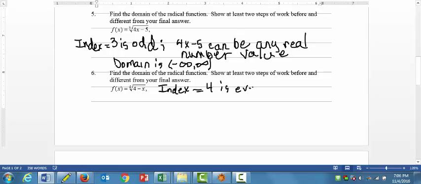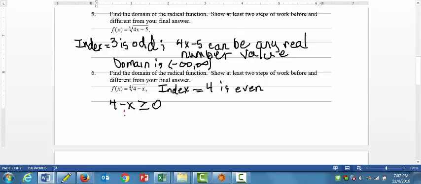Now what's inside of the radical, in order for the function to be defined, which means the function value is a real number, has to be greater than 0, or equal to 0. So 4 minus x has to be greater than or equal to 0.